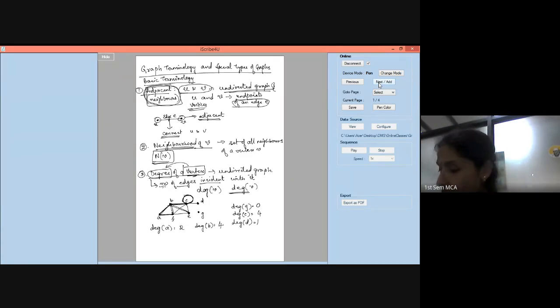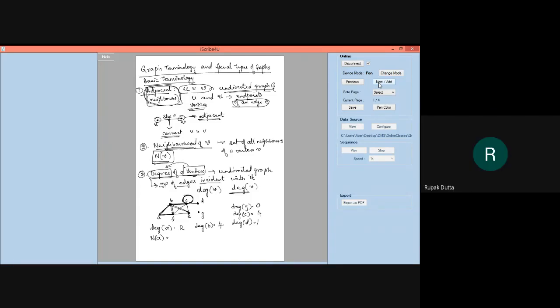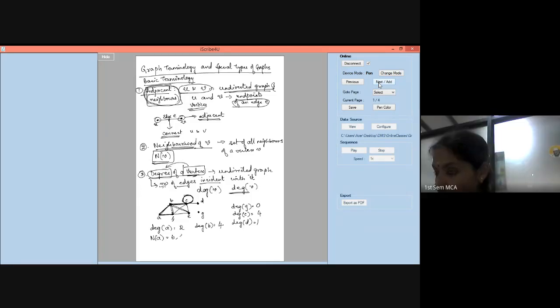Next, tell me the neighborhood of A. What is neighborhood? The set of all the vertices that are neighbors to A: B and F. We always represent it as a set, written with braces like this. What is the neighborhood of B?